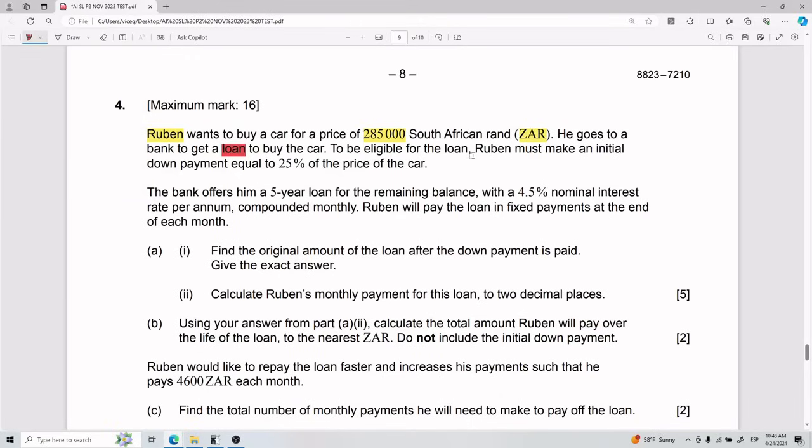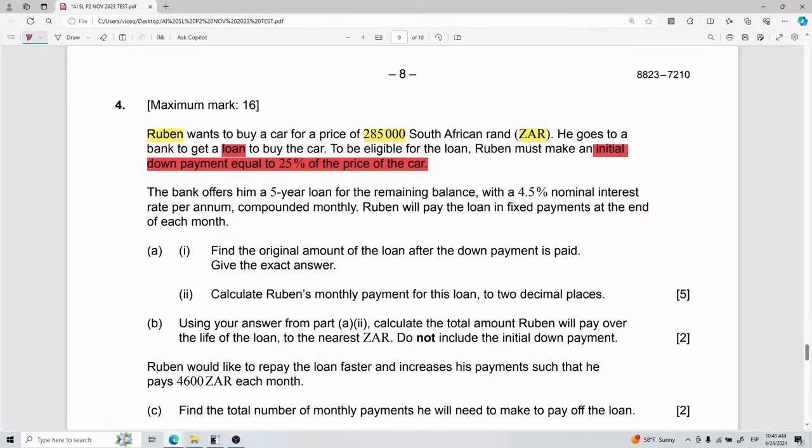To be eligible for the loan, in other words, for the bank to say, yeah, sure, Ruben must make an initial down payment equal to 25% of the price of the car. Guys, this is a classic. It happens in real life all the time. Imagine you want to buy a house and the bank says, sure, but first pay half of the house, or first pay 10% of the house.